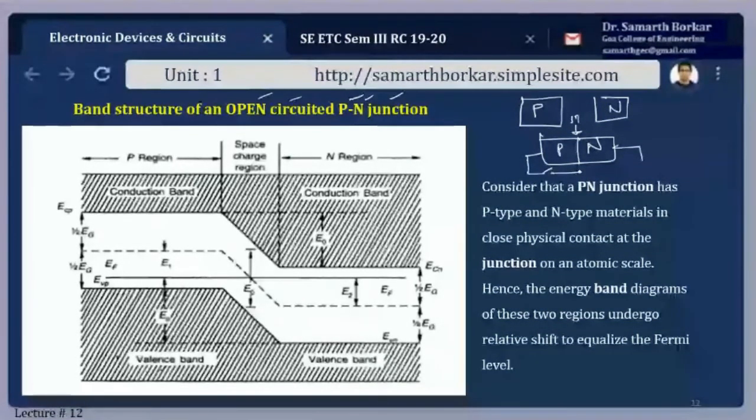Even if I apply the voltage here, P connected to positive, N connected to negative, the switch is open. So it is as good as just having a PN junction, open circuited. If I close the circuit, then the bias comes into the picture. When I open the circuit, this voltage will not be affecting your PN junction. So open circuited means no bias, meaning no voltage is applied.